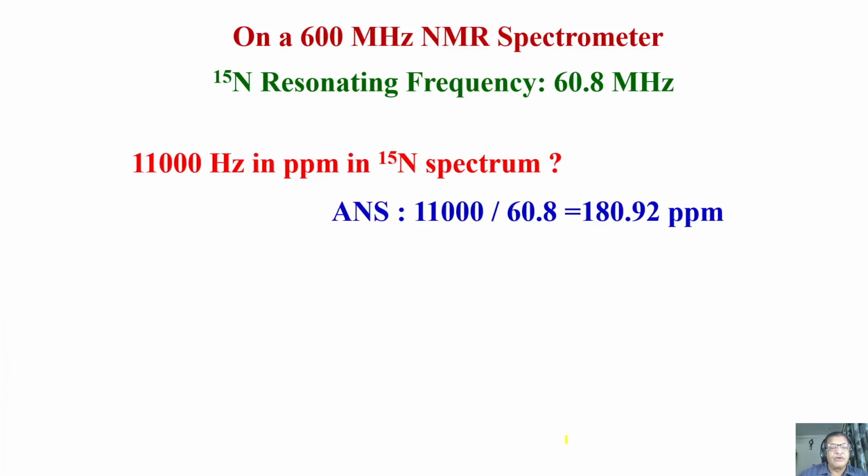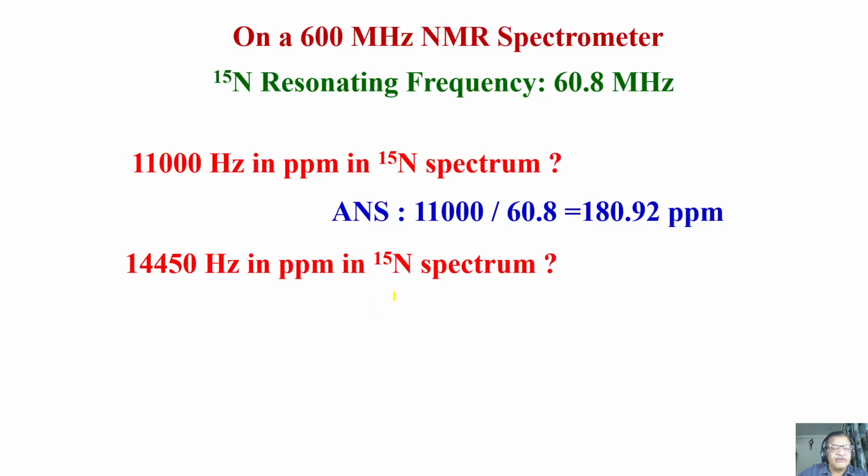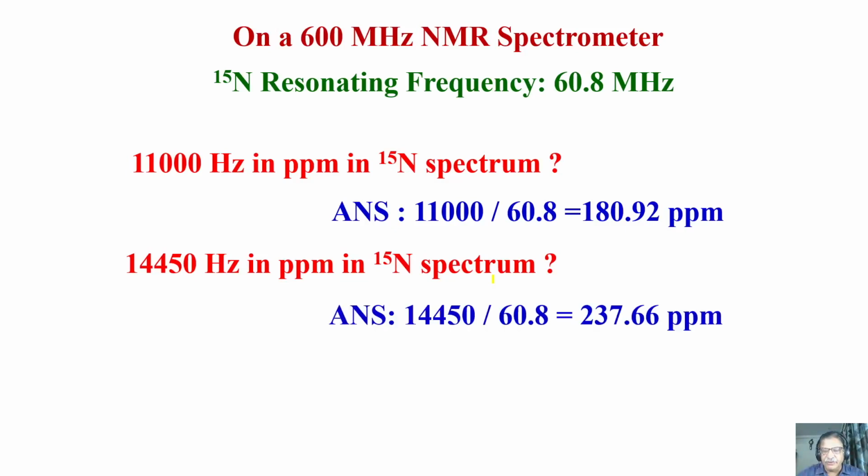Remember, it is very easy. You understood how to convert frequency to ppm. Now what is 14,450 hertz in ppm in the same spectrometer for nitrogen 15? Of course, simple arithmetic. Now this conversion must be at your fingertips. I don't have to explain to you. Simply divide 14,450 by 60.8 and this is the value you are going to get, 237.66.